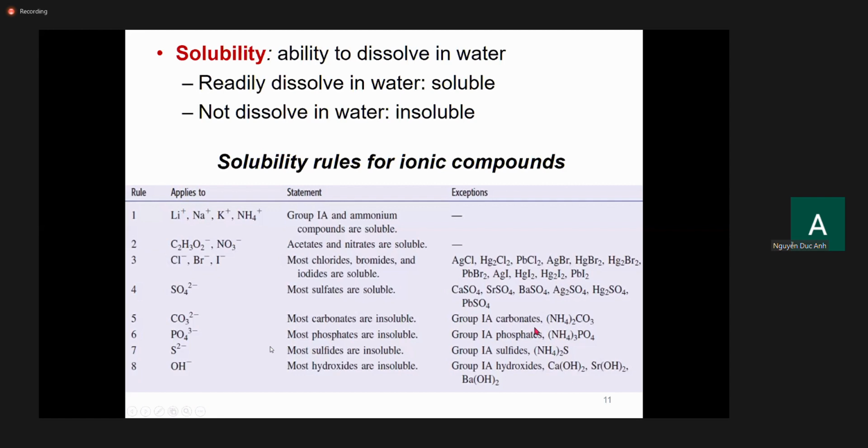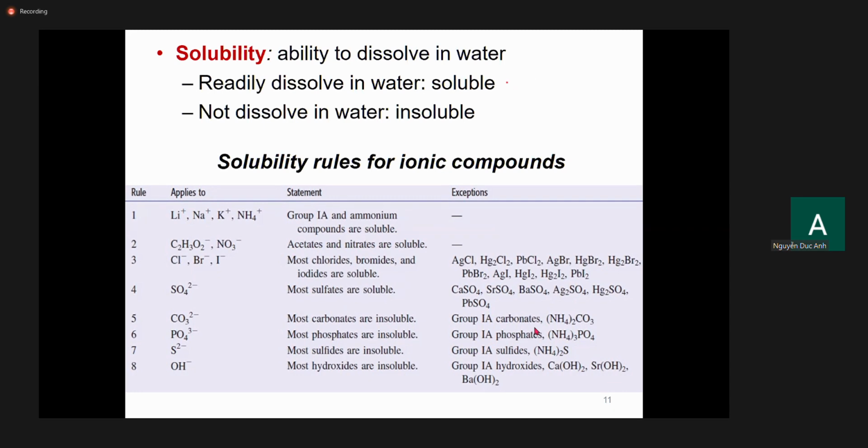For a solution, the most important parameter of any solute is the solubility. The solubility gives you the ability of a substance to dissolve in water.